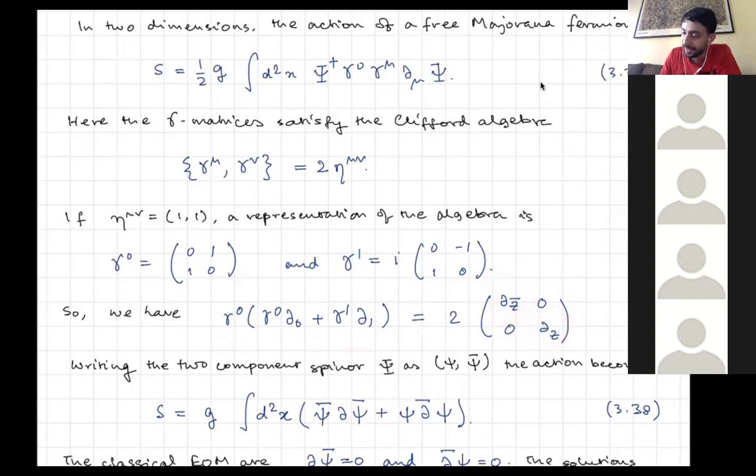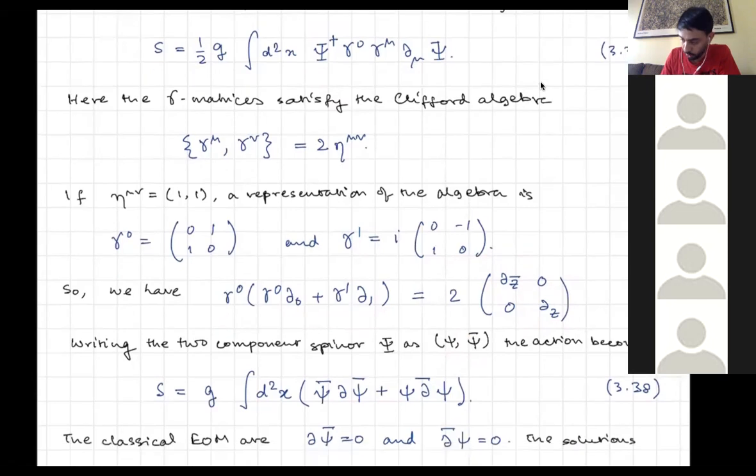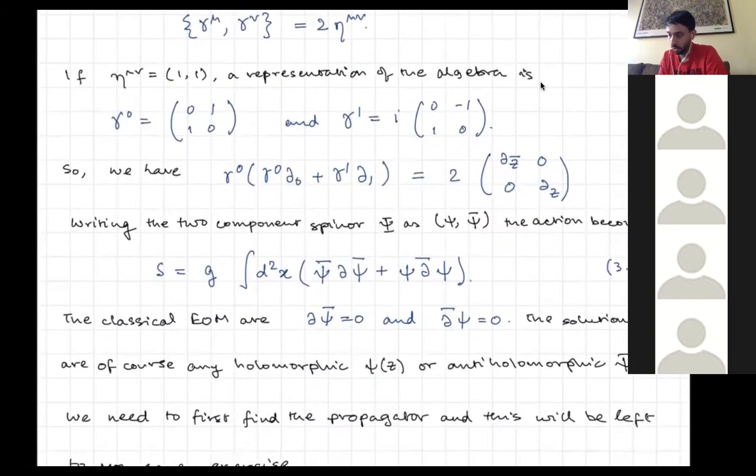If you write this big psi in terms of small psi and psi bar in a 2 component spinor notation, that boils down to an action which looks like this: psi bar del psi and psi del bar psi.